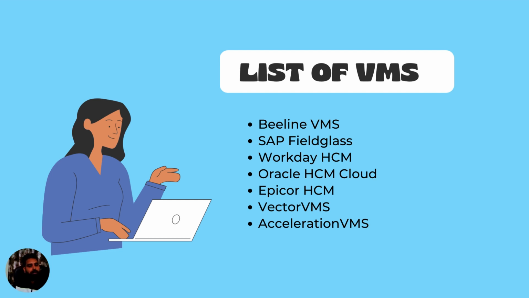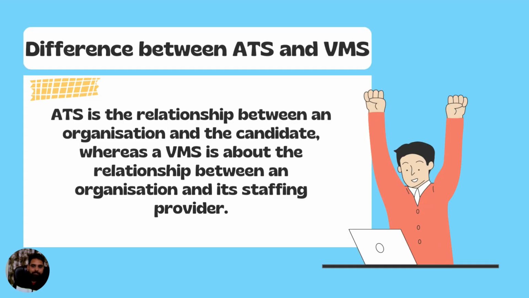So these are the list of VMS. Major companies use these VMS to float their requirements to different staffing companies. I hope it is clear. Major companies float or distribute their requirements to different US staffing companies through the VMS system. That is the major work of the VMS. I hope it is clear.